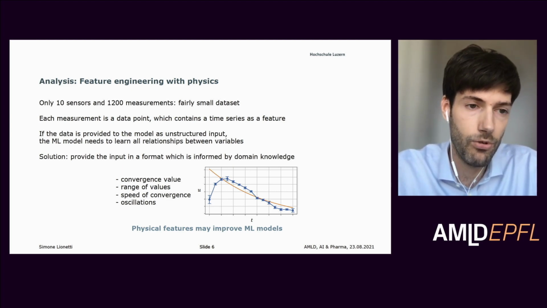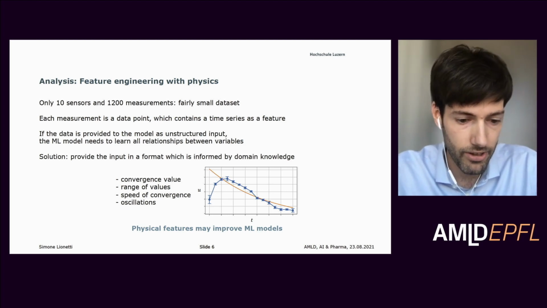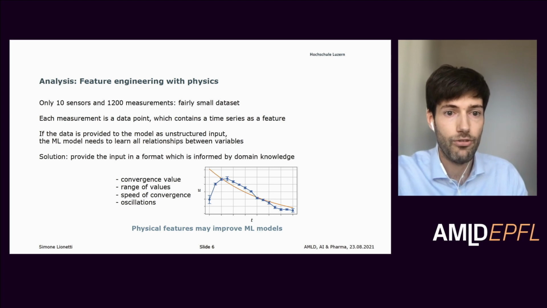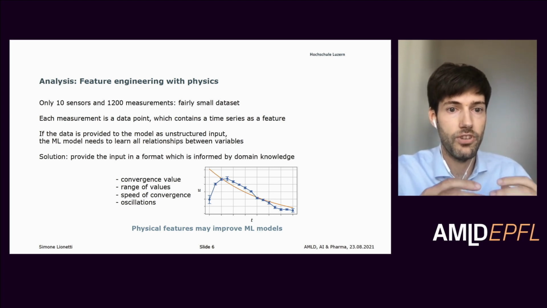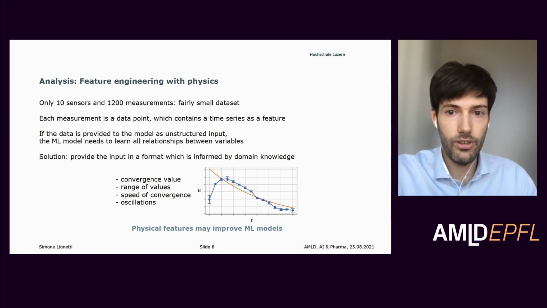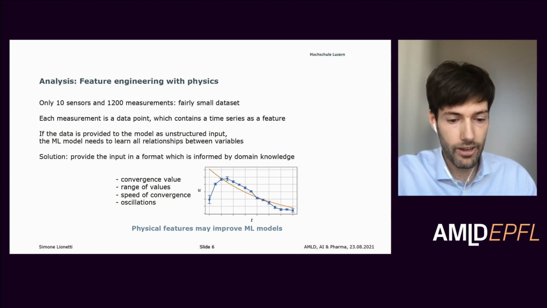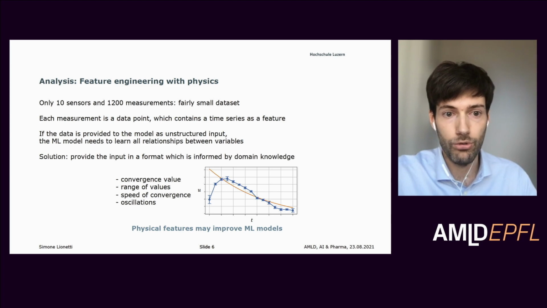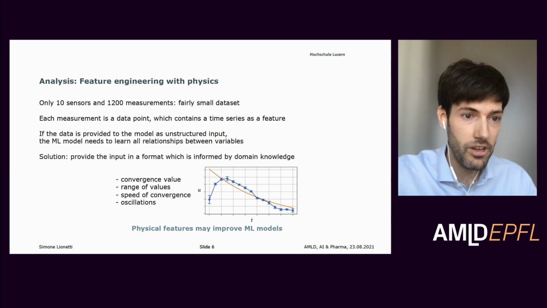And moreover, the rather atypical characteristic of this data set is that each measurement contains a whole time series as a feature. If we provide this data to the model as unstructured input, what the machine learning model has to do is learn that these are sequential points. And by the time it does that, it has exhausted all of the information contained in the data.